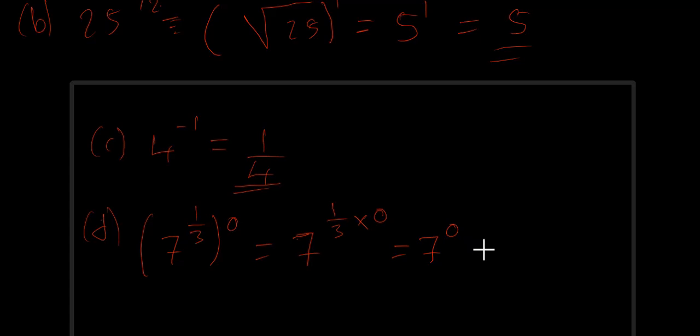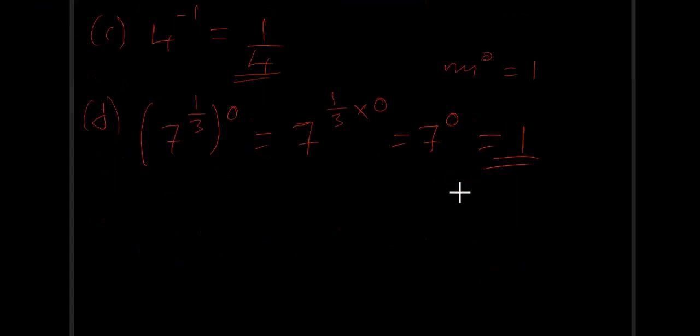So 7 to the power 0 is just 1. We know that any number raised to the power 0 is equal to 1. We are using m, so we can use any number, just like in this particular question.